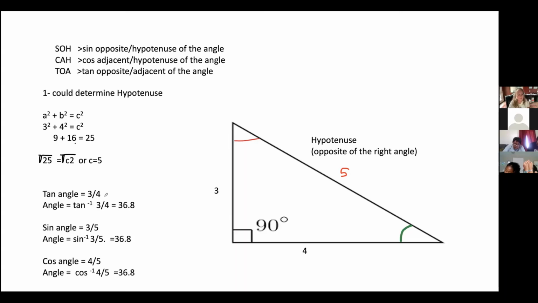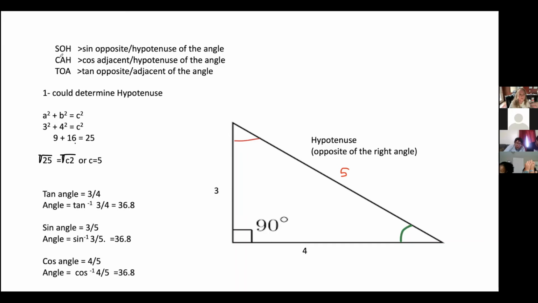So great, we can do it, but are we sure that we got it right? Well, let's check that same angle with SOH. The sine of this angle is the opposite, 3, over the hypotenuse, 5. We rearrange this so that the angle is inverse sine of 3/5, and we get exactly the same number.